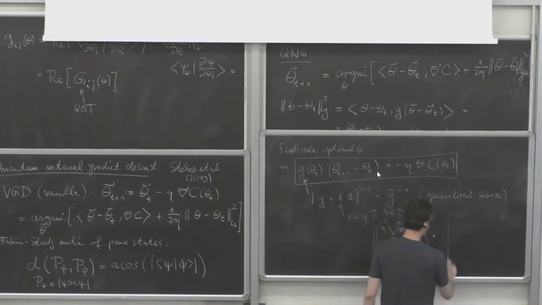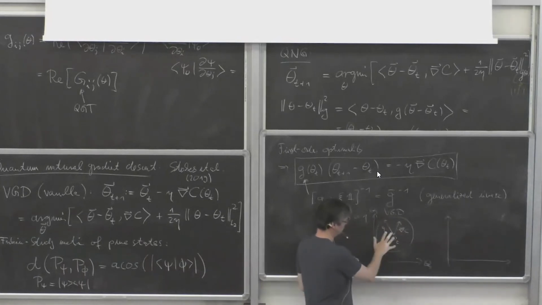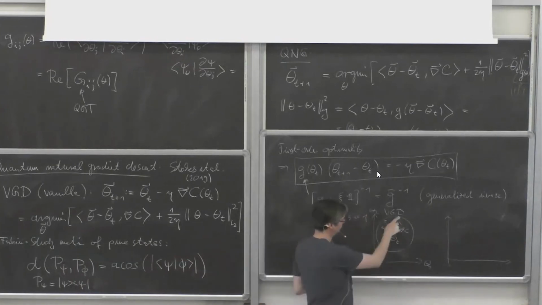But the thing is, if you take states on this circle, for example, they will not all have the same distance.